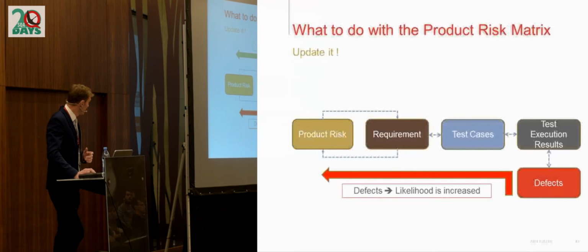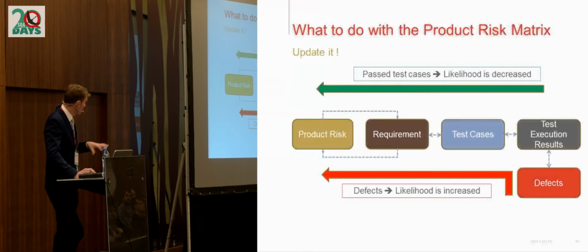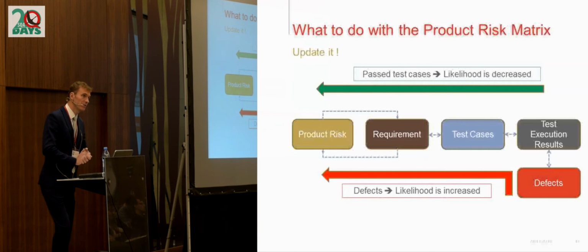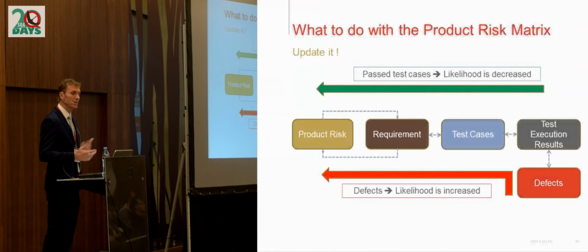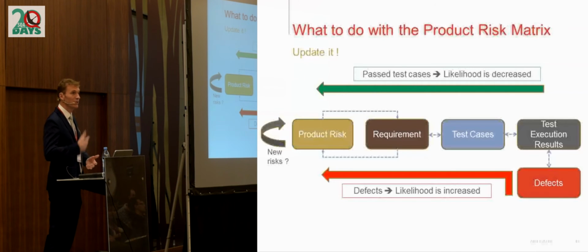On the contrary, if all the test cases associated to a specific risk pass successfully, you will decrease the likelihood of the corresponding risk. And at the same time, you always have to ask yourself the question, do I have new risks? And if you have new risks, once again, you have to analyze them and put them somewhere in the matrix. So that's actually very easy to use, but also you can trust me, it's very efficient.